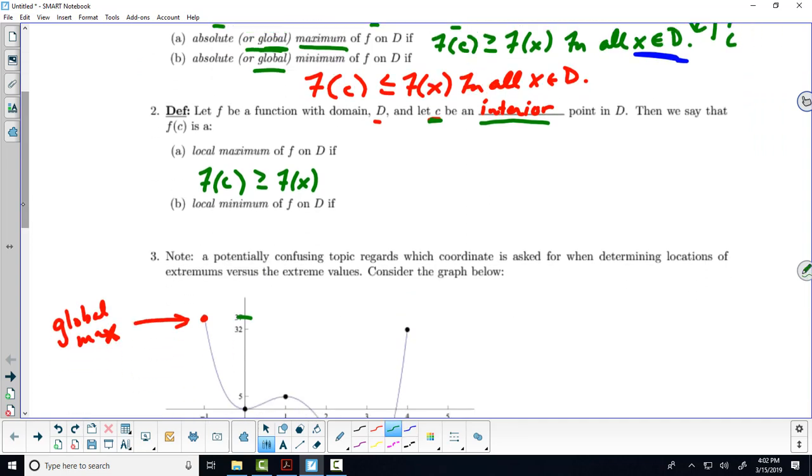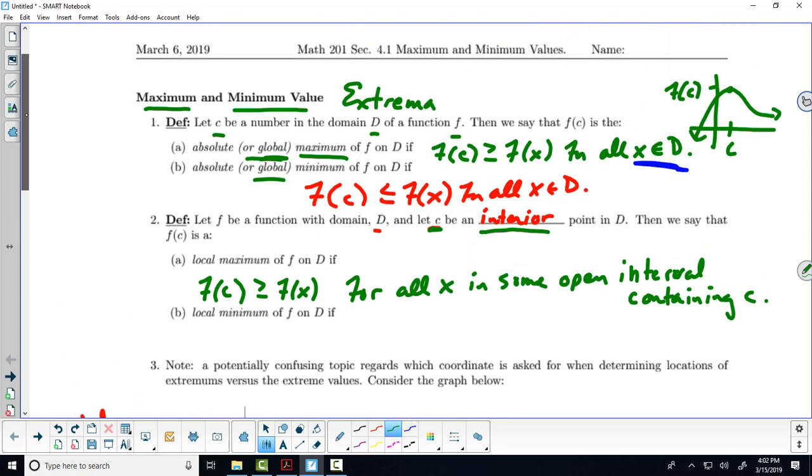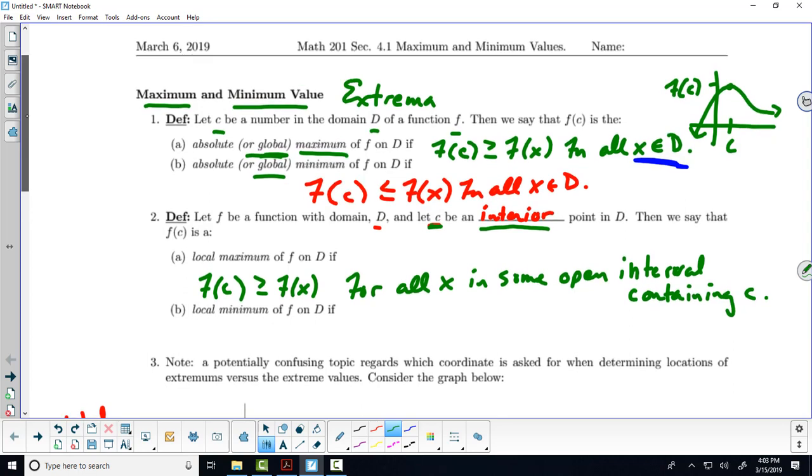But here we're going to say for all x in some open interval containing c. So there are some similarities and some differences to the definition of a local maximum as opposed to a global maximum.